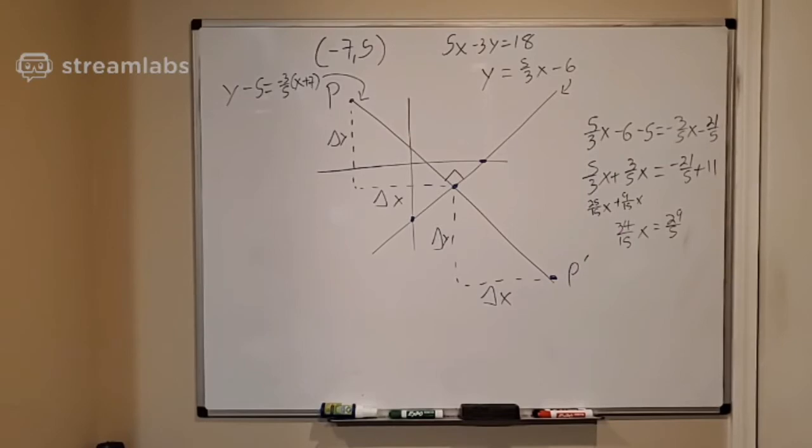Y minus 5 is equal to negative. It's not 21/5. Why is it not 21/5? Did I do something wrong? I had 4/5.